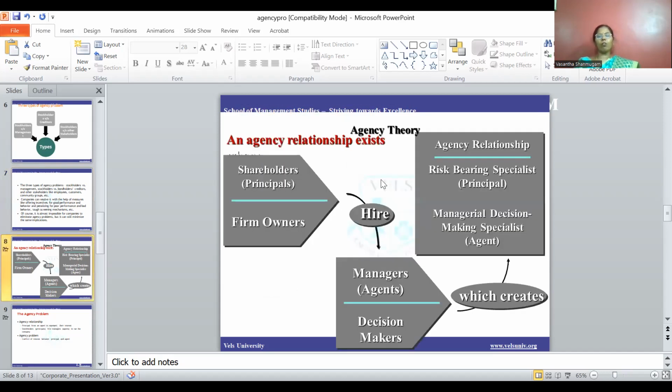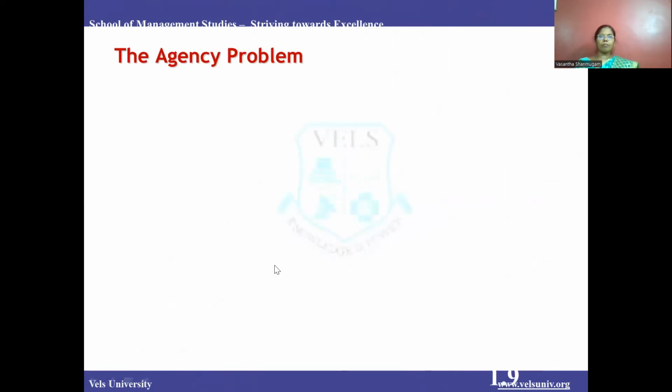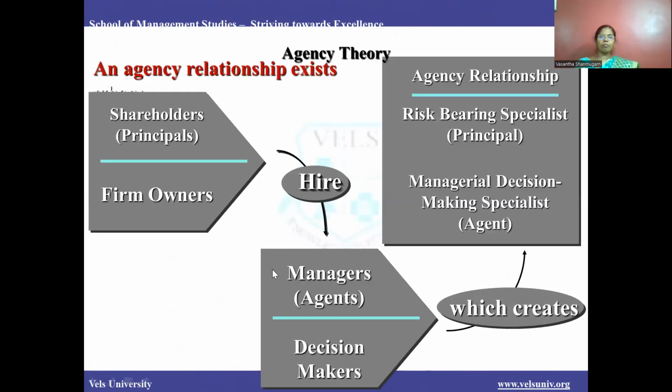Here it is given how an agency relationship exists. Here shareholders are called the principal. They are called the firm's owners. They hire managers, that is the board of directors, because all the shareholders cannot take the management position.